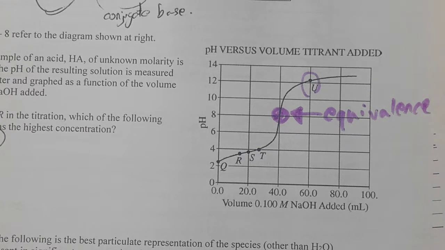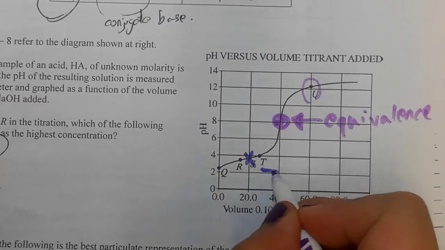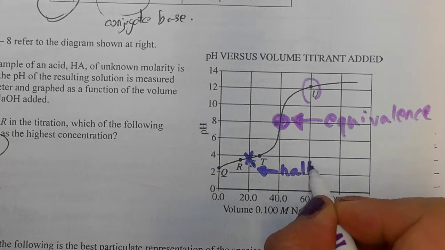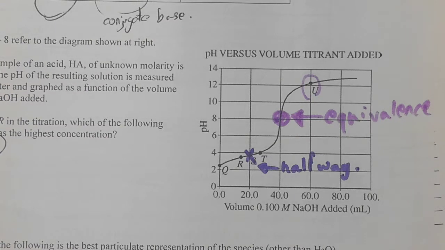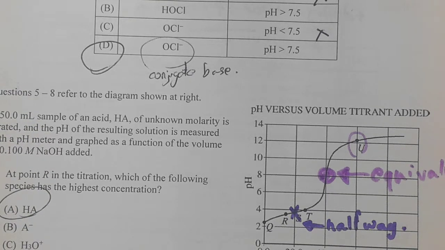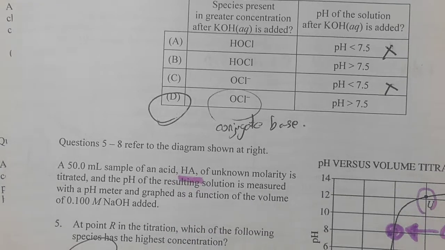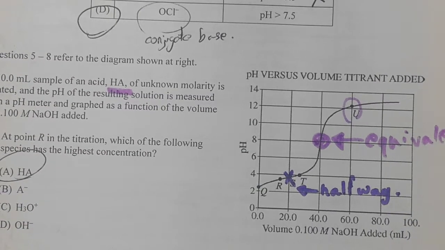Your halfway point, right? So your halfway point is probably this S. This is my halfway. See what I'm saying? So you are titrating a weak acid. Also remember that you are titrating an acid. And I said that HA is a weak acid. Why did I say this HA is a weak acid?